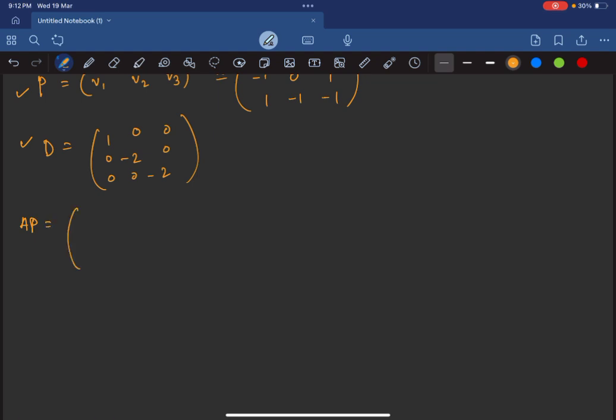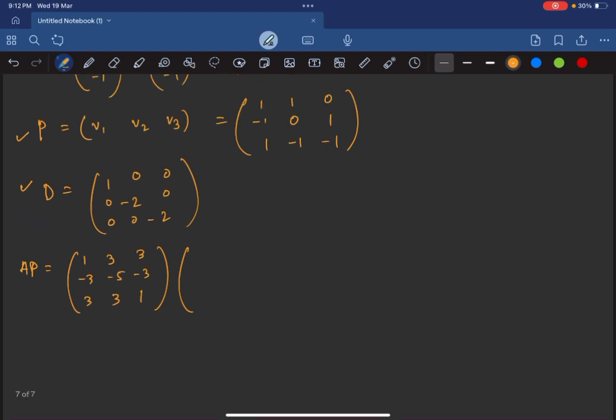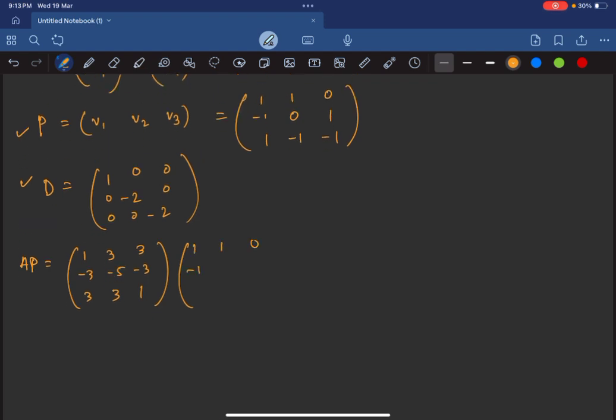Now we need to find AP. We'll check this one. So what is our A matrix? A is (1 3 3; minus 3 minus 5 minus 3; 3 3 1), A into P, where P is (1 1 0; minus 1 0 1; 1 minus 1 minus 1). So you find this here. Here you have minus 3 plus 3, so 1. Here 1 0 minus 3, so minus 2. Here 0 3 minus 3, so 0.